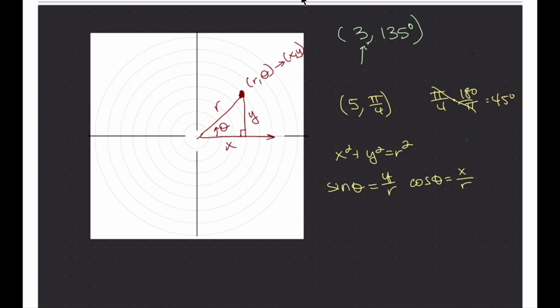And we want to figure out a way to solve for x's and y's. So if I look at my sine, can I solve that for y? What would I do to get y all by itself? Multiply by r, right? So I would have r sine of theta equals y. And then on my cosine, can I solve that one for x? Multiply both sides by r.